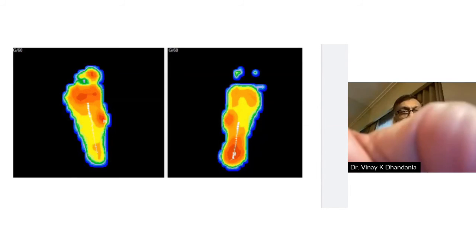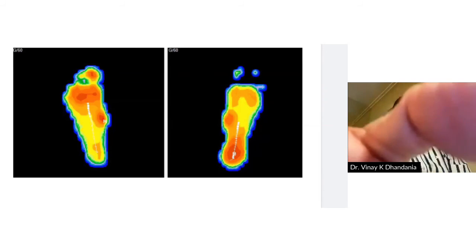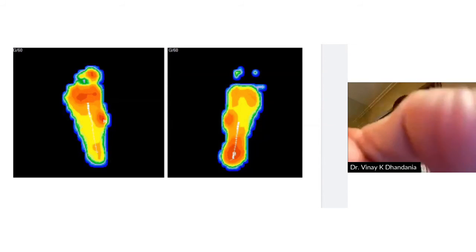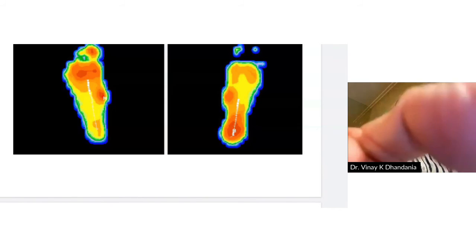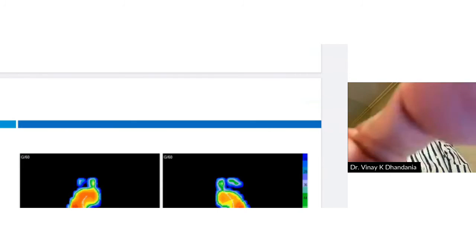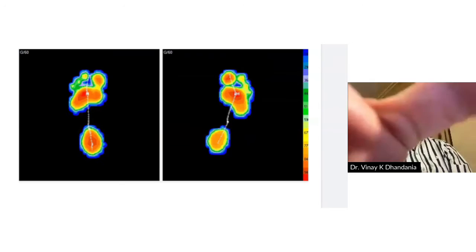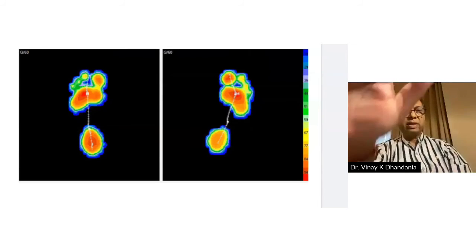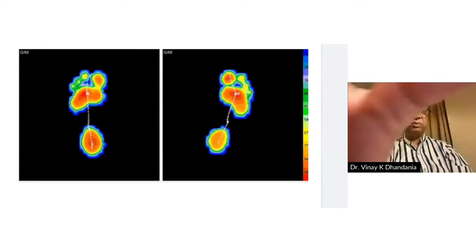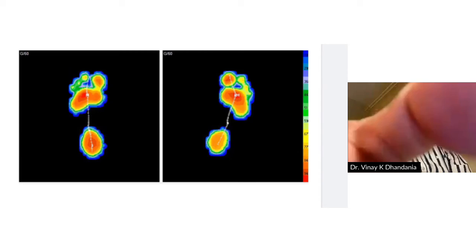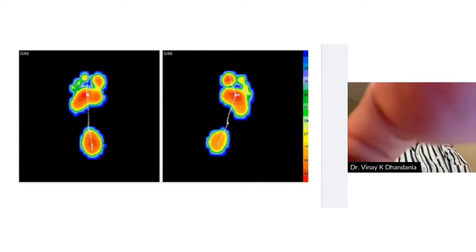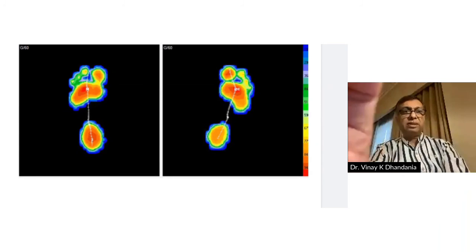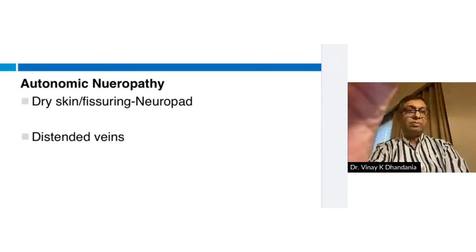This is one test which can be done very easily in your clinic, a very small digital instrument where you ask your patients to stand and you get a lot of data. You can see the pes cavus and all the stuff very easily. There's another patient here. You can see that the patient has clawing and high pressure points, and that is why he is very likely to get ulcers in the future. You can give them special footwear, and that is going to help them.